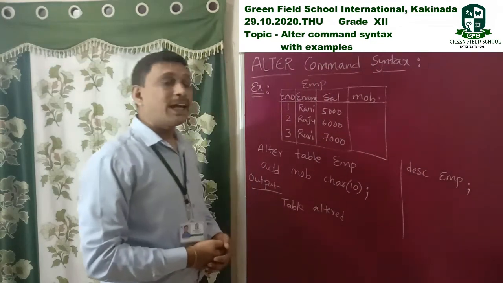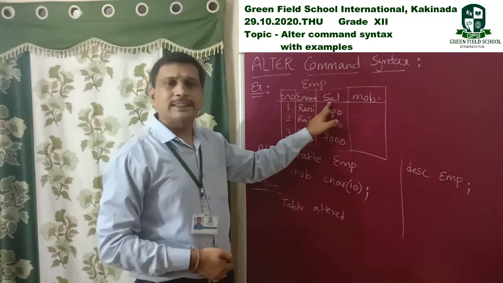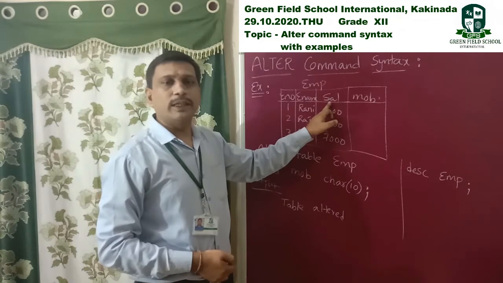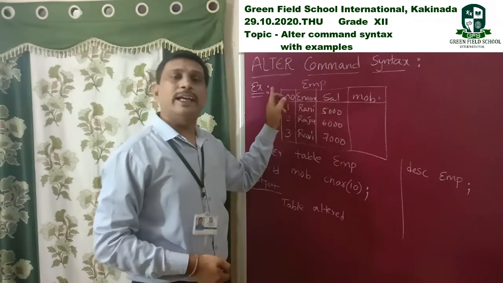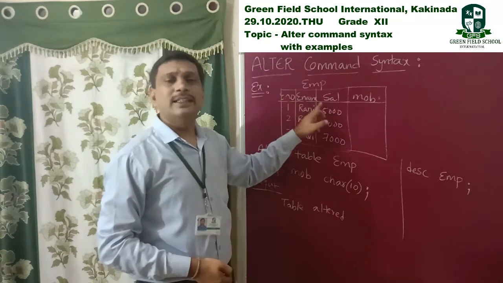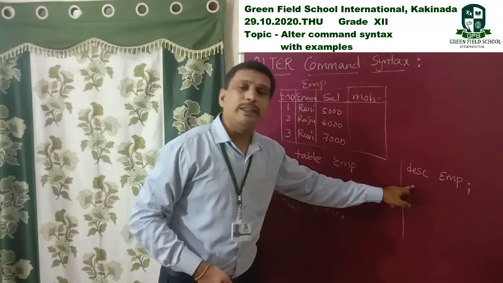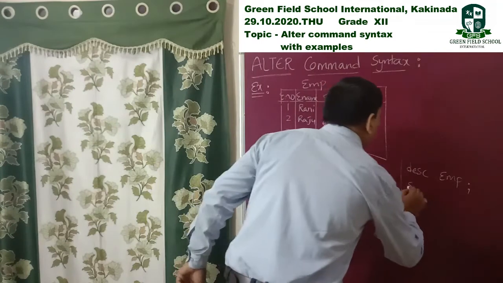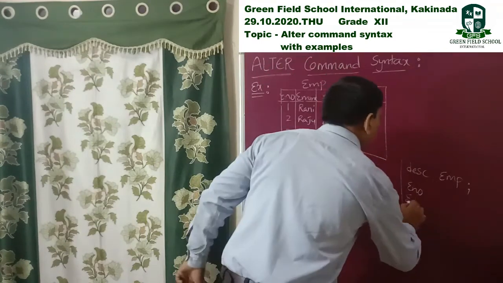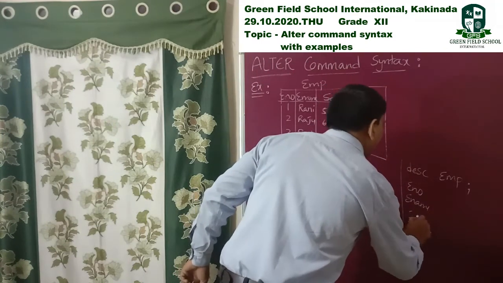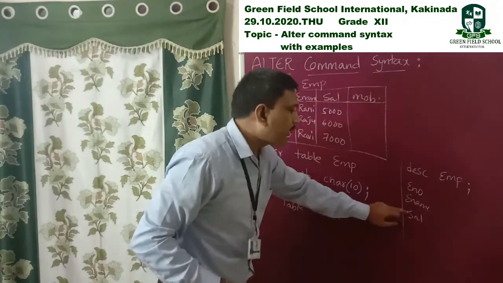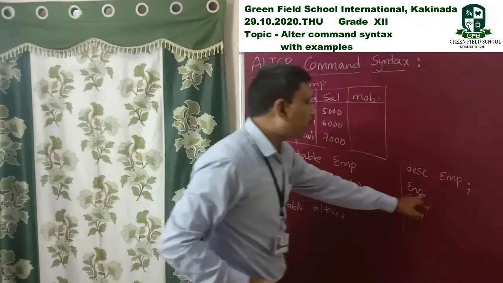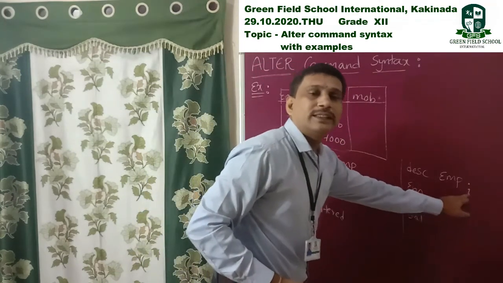Up to now it displays only 3 columns, the employee number column, employee name column, and salary column, with their data types and sizes.